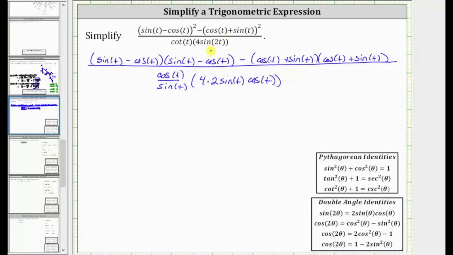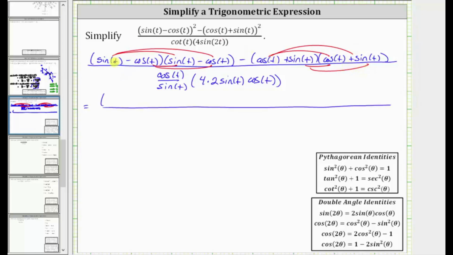Going back up to the numerator, here we have 4 products, 1, 2, 3, and 4. Here we also have 4 products, 1, 2, 3, and 4. Once we find the two products, we will have to find the difference. Sine t times sine t is sine squared t. And then we have sine t times negative cosine t, which is negative cosine t sine t.